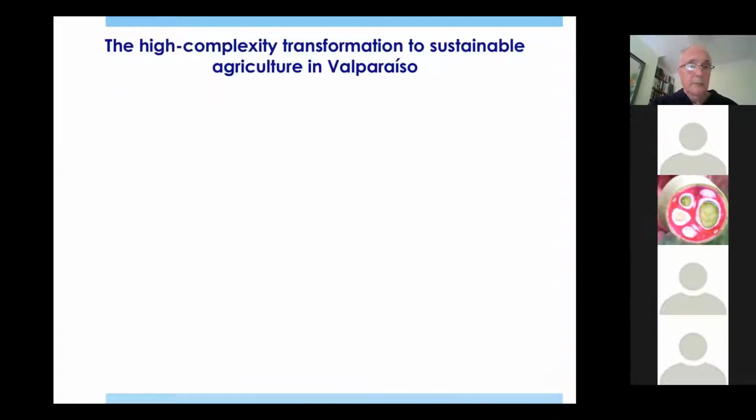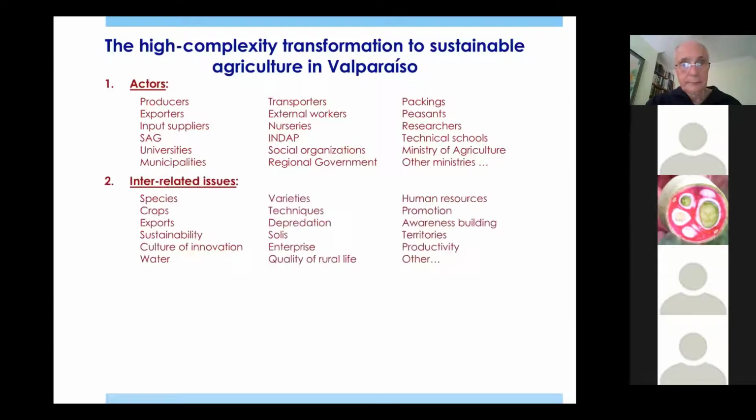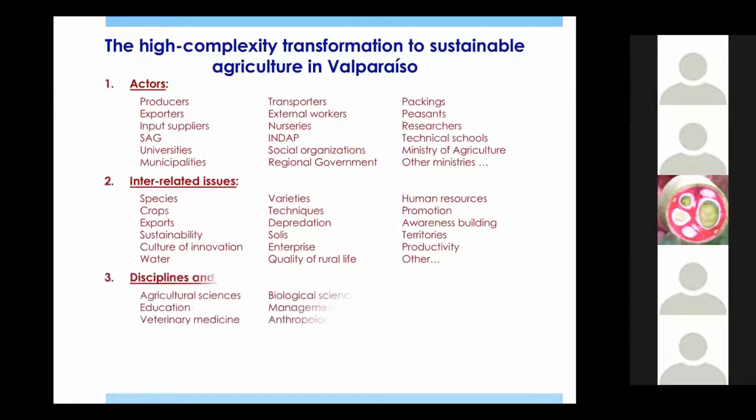For instance, the last one, the high complexity transformation to sustainable agriculture in Valparaiso. Look at the number of actors, and we can add a lot of actors to them. And the issues, we may add 10 times this number of issues here.